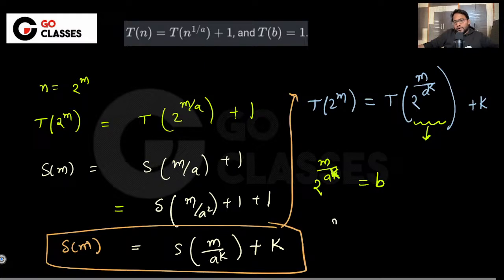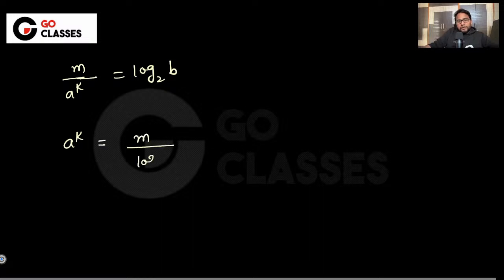So m upon a power k is log base 2 b, so a power k is m upon log base 2 b. So k will be log base a of m upon log base 2 b.